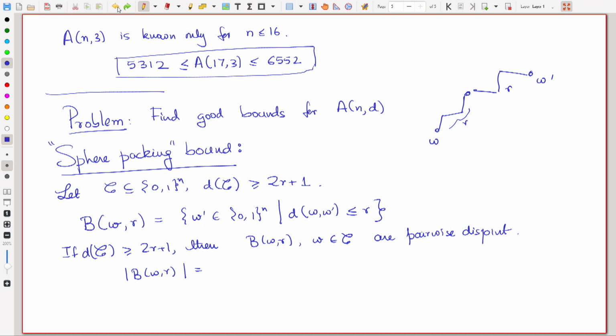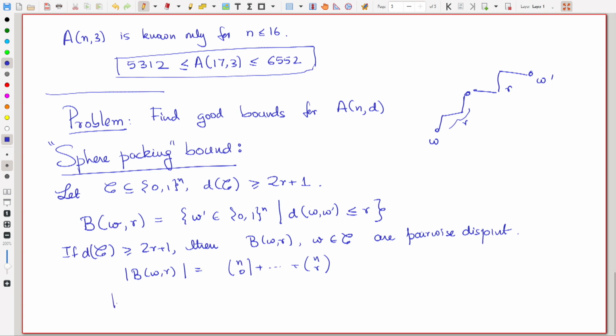I have a sequence of n things, I want to change r of them. So how many are there? At most r. n choose r, but I can also change fewer of them. So n choose 0 plus up to n choose r.